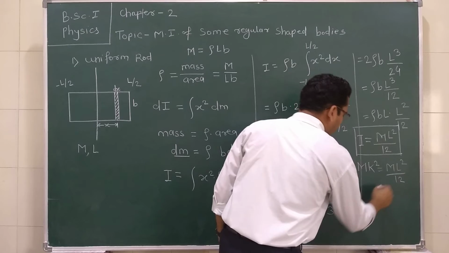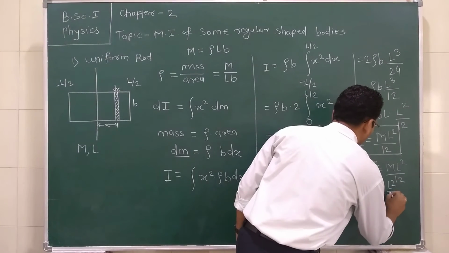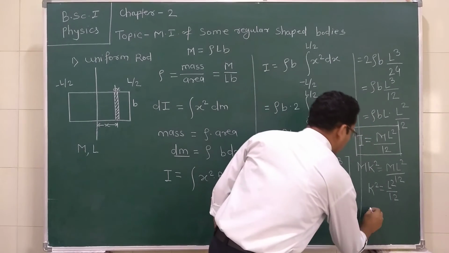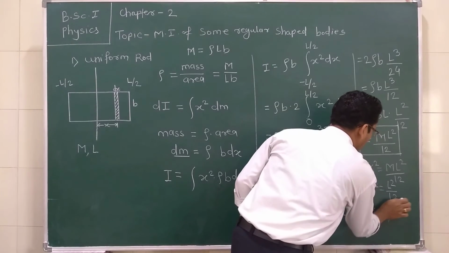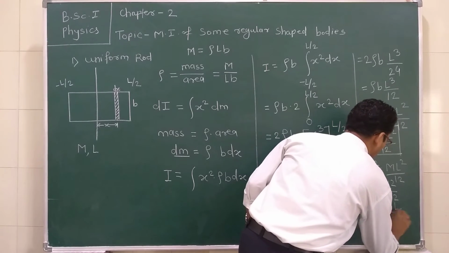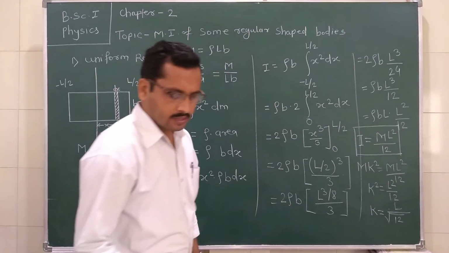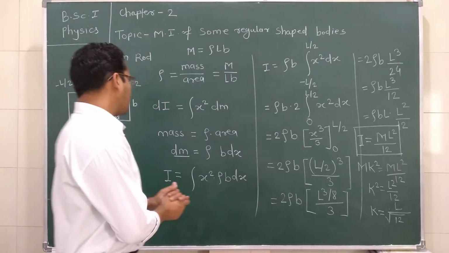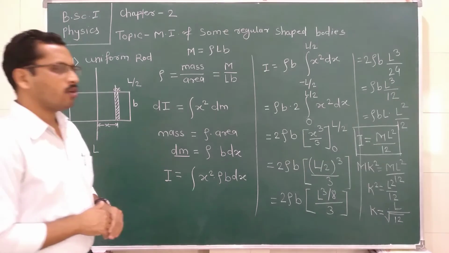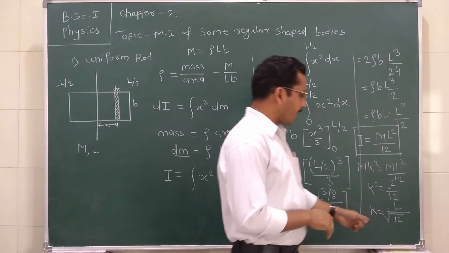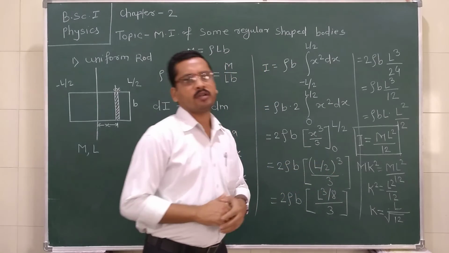So M gets cancelled, and we can write k square is equal to L square by 12, or simply the radius of gyration k is equal to L divided by root of 12. So what is the radius of gyration in the case of a uniform rod when the axis is passing through the center of the rod? It is equal to L by root of 12, where L is the length of the rod.